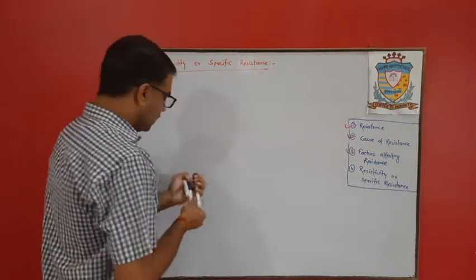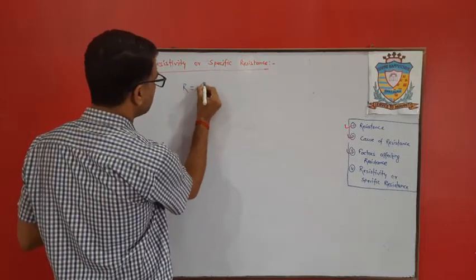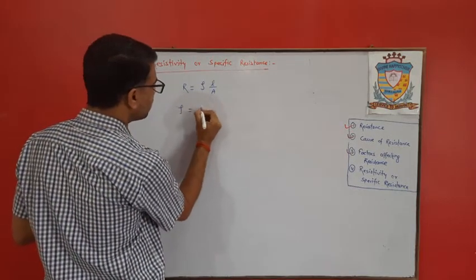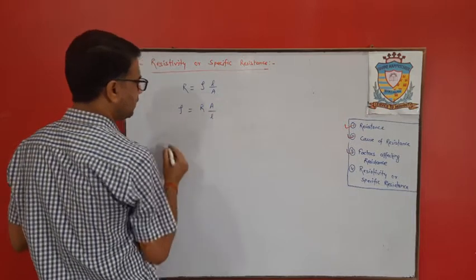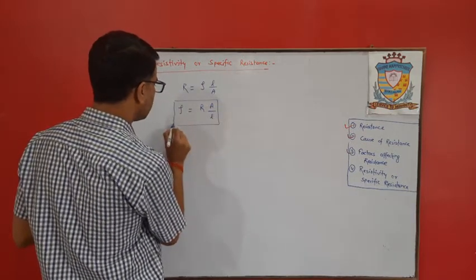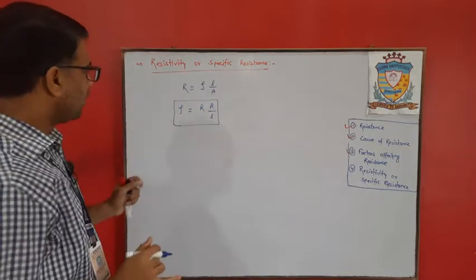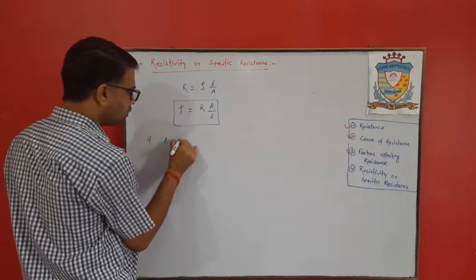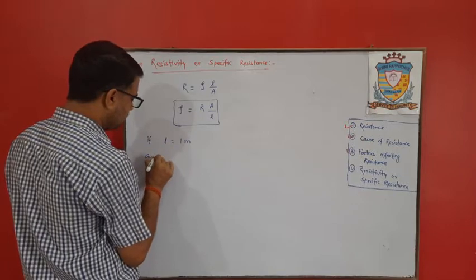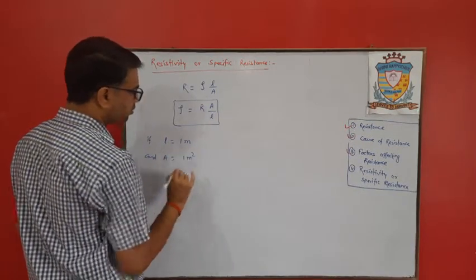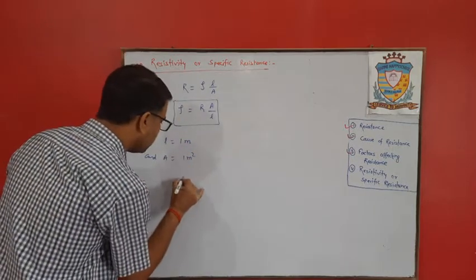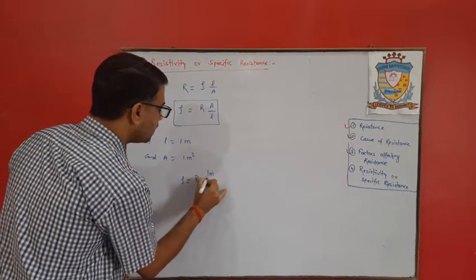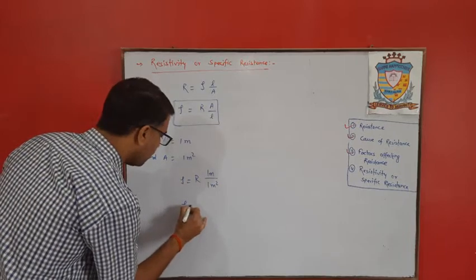So from this formula, that what we have, that is R is equals to rho L by A, we'll separate this one, rho, which is equals to R A by L. Now if we put the value for length, L is equals to 1 meter and area is equals to 1 meter square, then this formula will become rho is equals to R times 1 meter upon 1 meter square, or rho is equals to R.